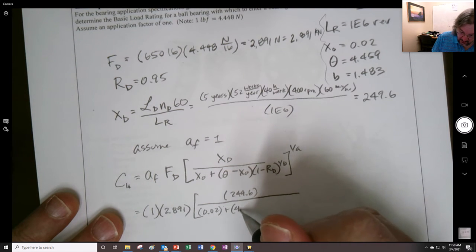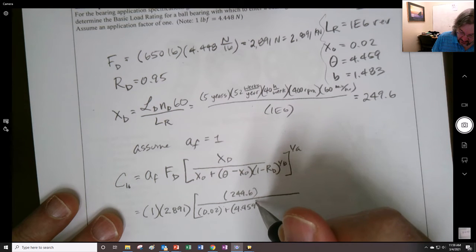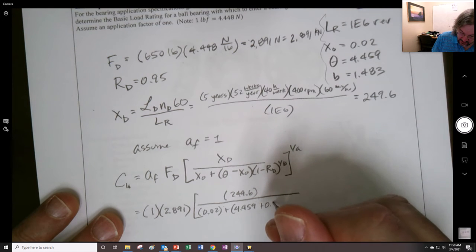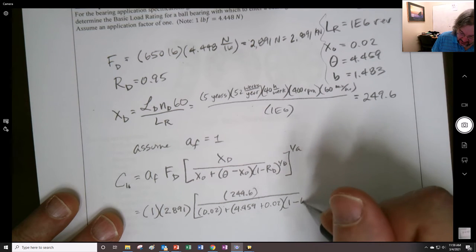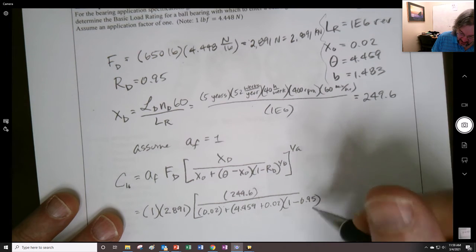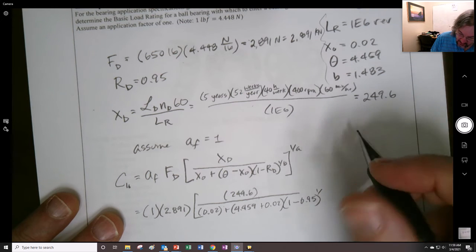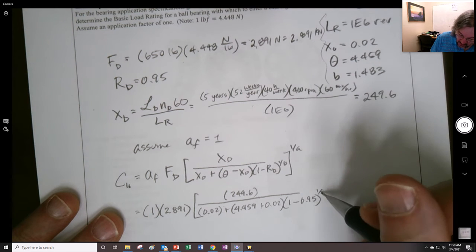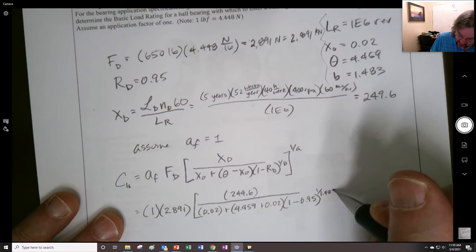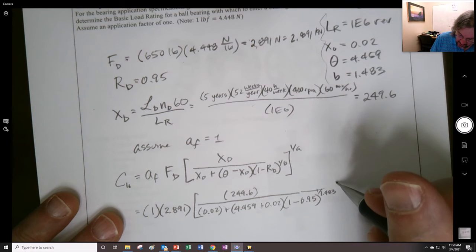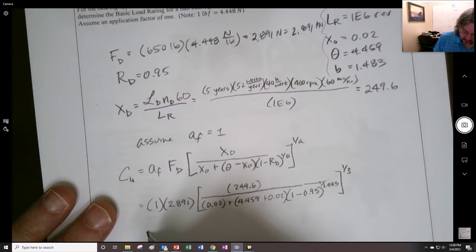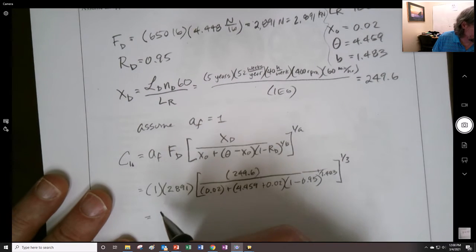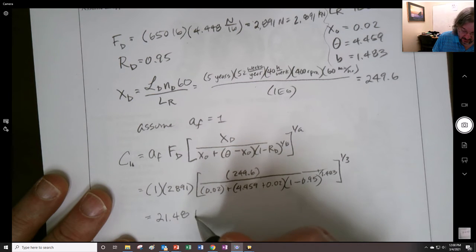We're going to take our 4.459, add it to our 0.02, and we're going to take 1 minus 0.95 and raise it to the 1 over 1.483. Okay, all over 1 over 3. And if we do that, we get 21.48 kilonewtons.